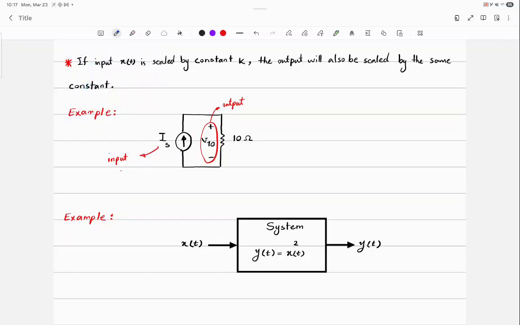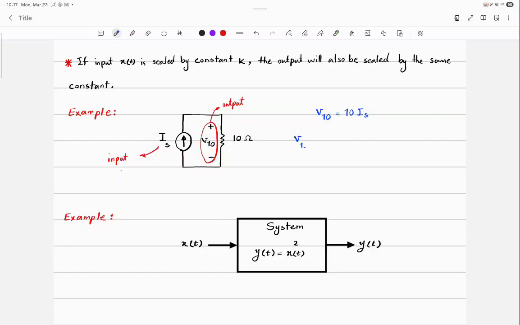Right? Instead of giving you numerical examples and showing you that this is a homogeneous system, I'm going to mathematically prove it by just one line of mathematical manipulation. So can someone tell me what is the system equation for this circuit? V10 equal to 10 is, right?